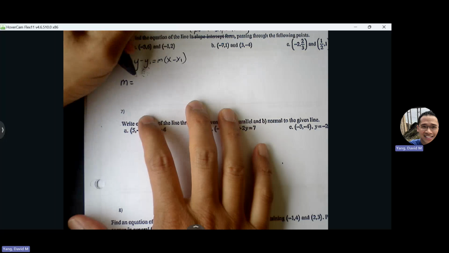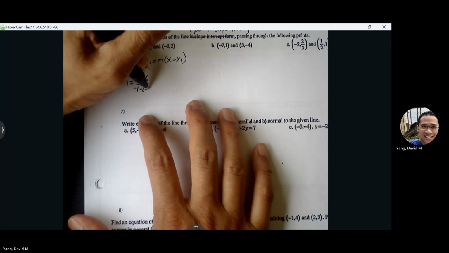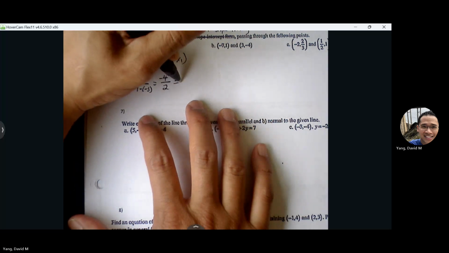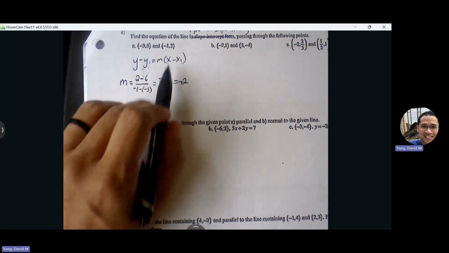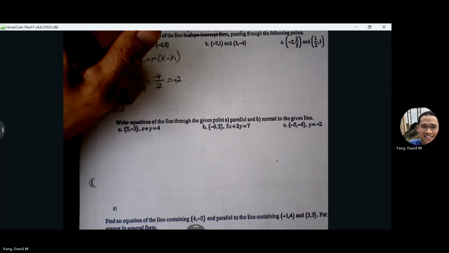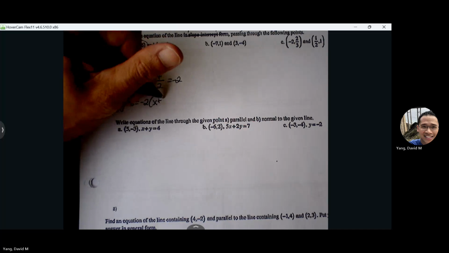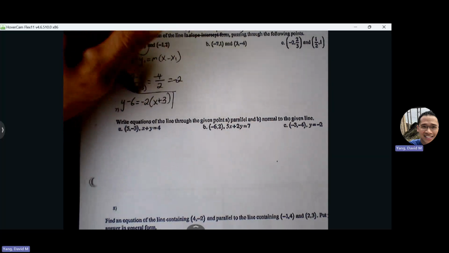Okay, so find the slope, change in y over the change in x. You can choose either point to put into point-slope form. I'm just going to choose the first one I see. So this is fine.